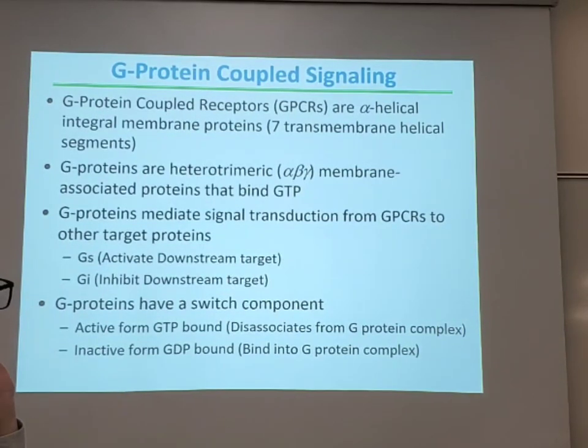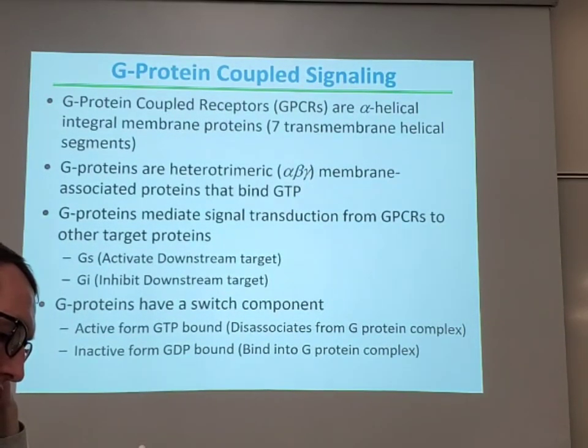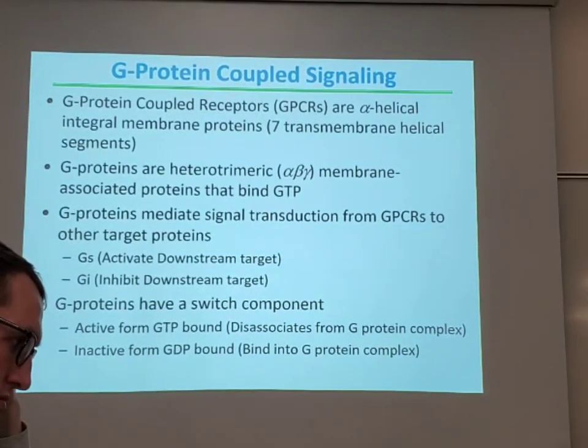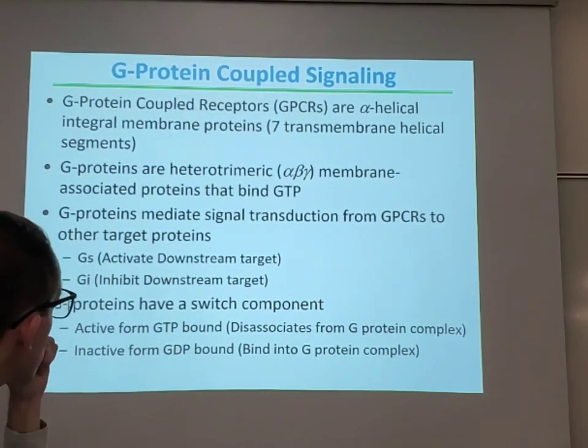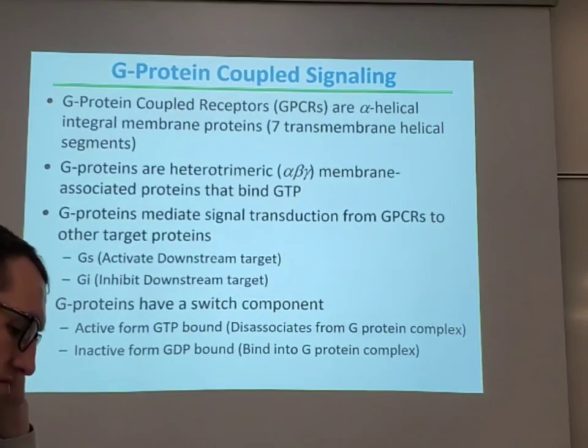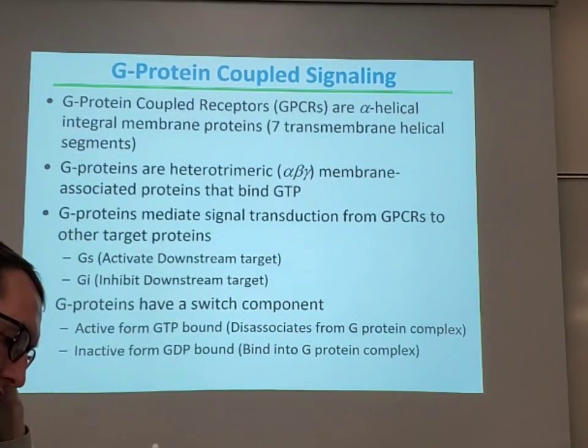And for those of you who already heard it, you're probably going to learn a whole bunch of new things you didn't know about GPCRs, okay? The G protein itself is a trimer. It's made up of what three subunits? Alpha, beta, and gamma, okay? When I activate it, what's the first thing that happens?